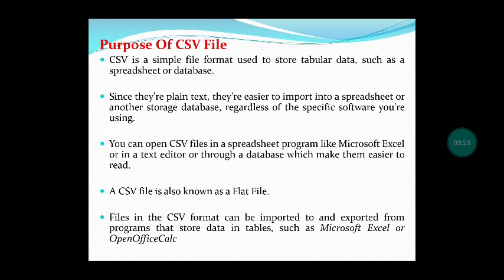A CSV file can be created in any text editor and it can be opened in Microsoft Excel. This file is also known as a flat file, and files in the CSV format can be imported and also exported, and data can be stored in tables like Microsoft Excel or OpenOffice Calc. So these are all the purposes of a CSV file.